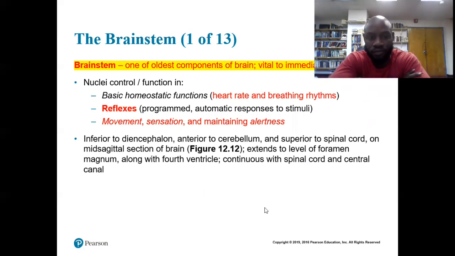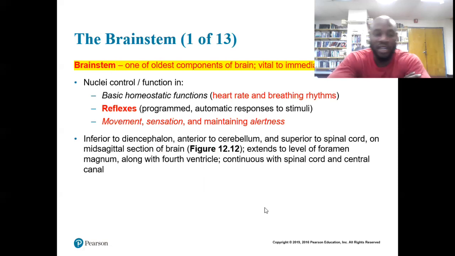Cell bodies. Basic homeostatic functions, heart rate, breathing rhythm, right? Your heart has to keep beating. You have to continue breathing. So that's why this is so important, not that other parts of your brain are not important.